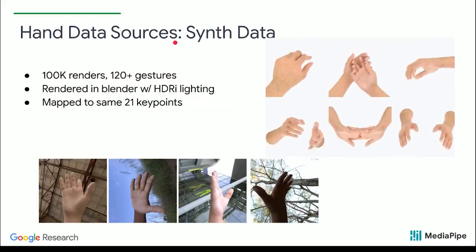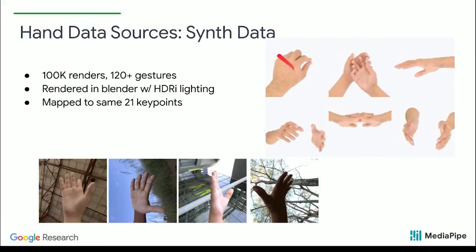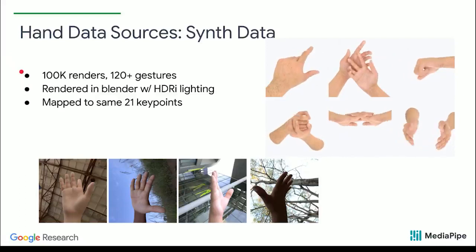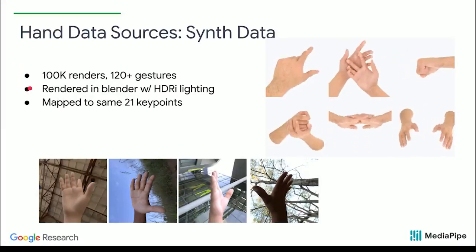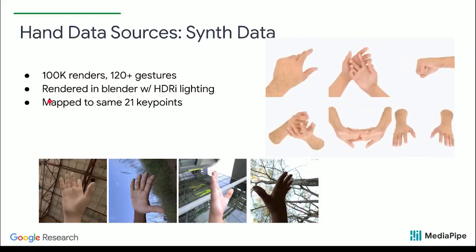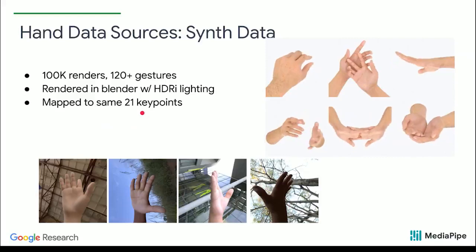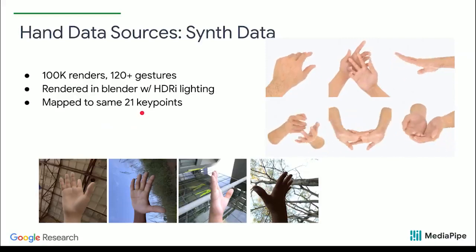Here you see the 3D synthetic data that we use. With a blend shape model, we rendered roughly 100,000 images with accurate lighting to make it realistic, and we composited them onto backgrounds, and then we mapped this 3D model to the same 21 key points so we can jointly train it with the real-world data.